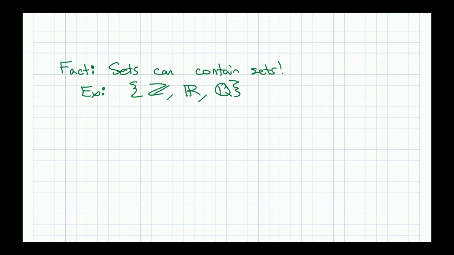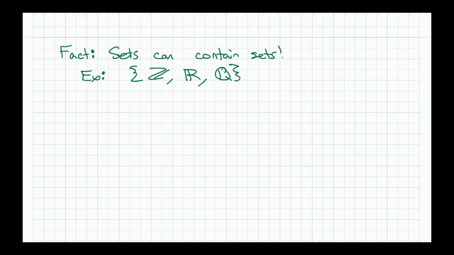Well, how many elements does it have? First of all, we're about to talk about the number of elements. We haven't yet, but you can guess, I think. So this is a set containing 3 elements.